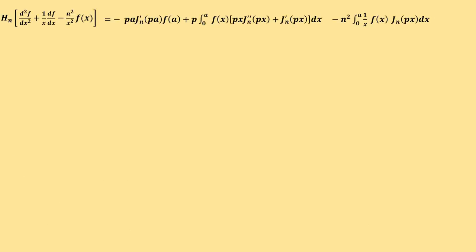Therefore that is equal to minus pa Jn dash of pa f of a plus p integral 0 to a f of x [px Jn double dash of px plus Jn dash of px] dx minus n squared integral 0 to a 1 by x f of x Jn of px dx, right? That is equation number 5.